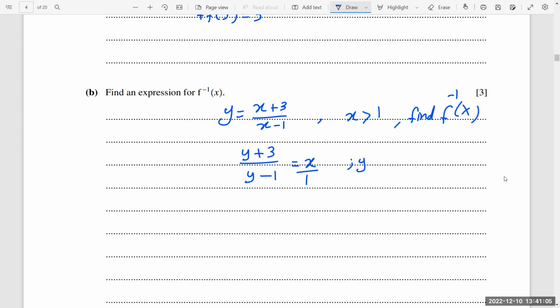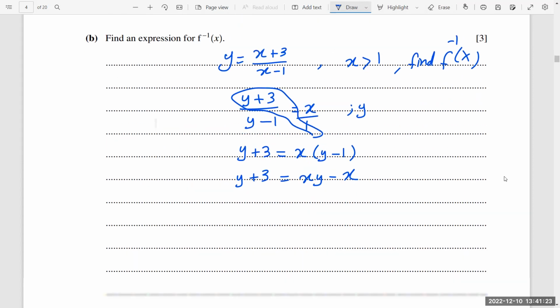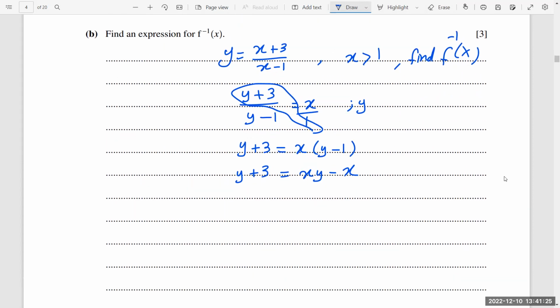So by cross multiplication, I have y plus 3 is the same as x times y minus 1, which is xy minus x. Okay, y plus 3. And after that, I can collect y on one side.